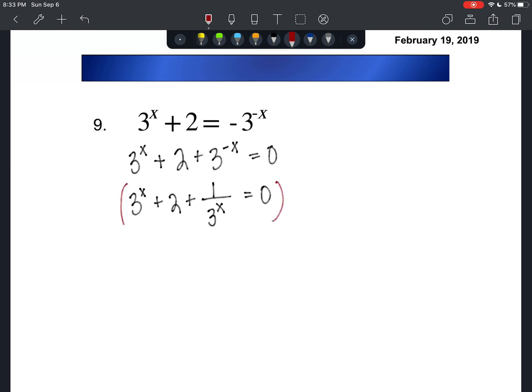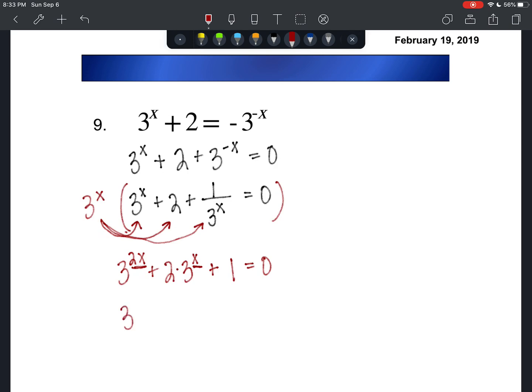Then I'm going to multiply every term by 3 to the x. So 3 to the x times 3 to the x, well, that's going to give me 3 to the 2x. Plus 2 times 3 to the x. Oh, this is looking pretty good right now. We've got the first exponent is twice the second with the same base, plus 3 to the x times 1 over 3 to the x is 1.